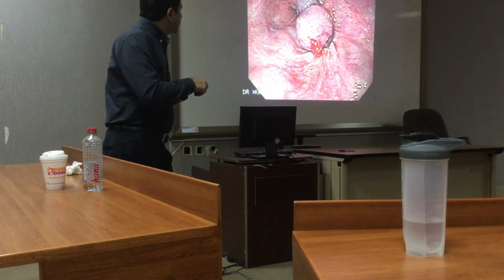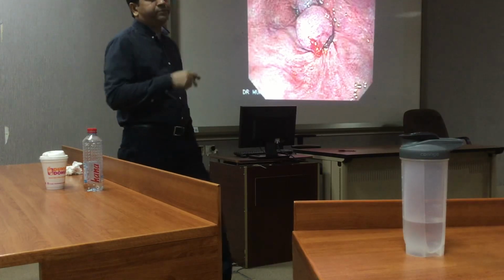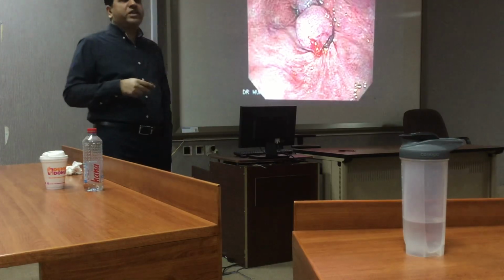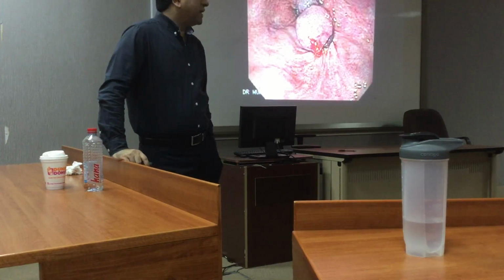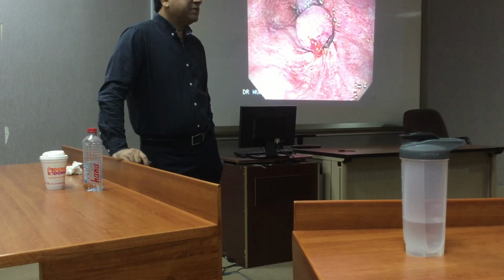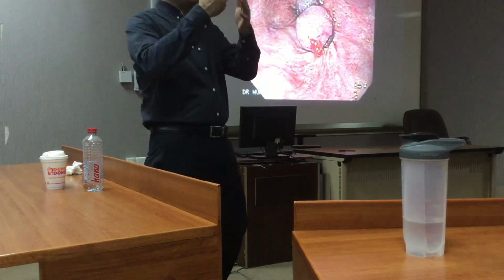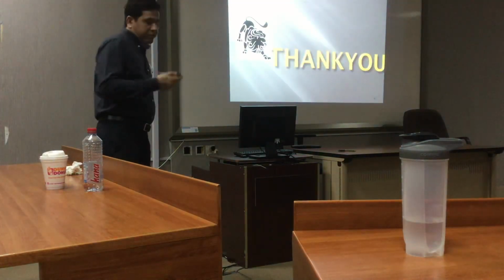You can see over here. This is being ligated by the rubber band. It's the same mechanism as the rubber band ligation you do on hemorrhoids in the lower GI. Next.